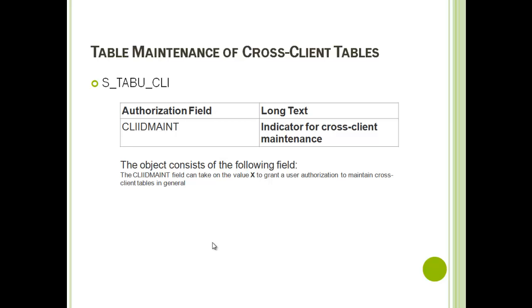Whenever you change anything in this table, it is going to affect the entire client. So in this authorization object, you have a field called CLIIDMAINT, client maintain. This is an indicator to say whether we can maintain the cross client table or not. If it is X, then it is granted the authorization. So we need to add this specific authorization if we want to maintain cross client tables.